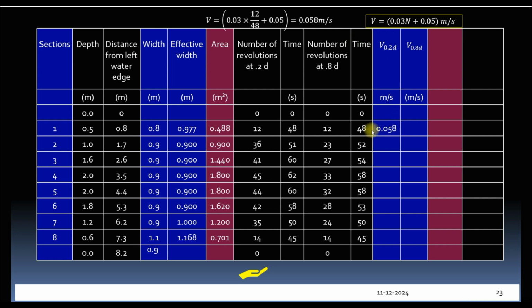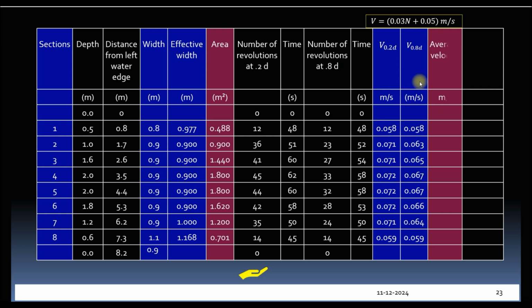Similarly, we can calculate the rest of the velocities by using appropriate N. The average velocity will be half of the sum of velocity at 0.2 D and velocity at 0.8 D. For the first vertical, it will be 0.058, and we can repeat the process for the rest of the velocities.